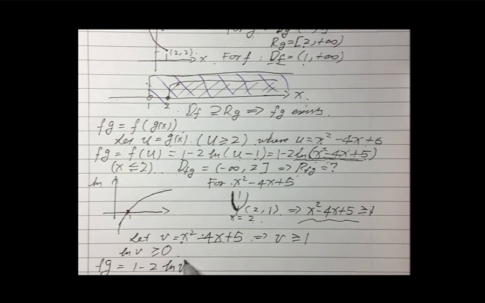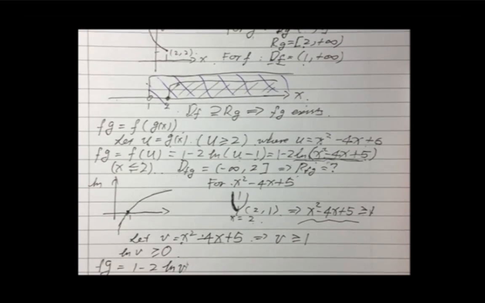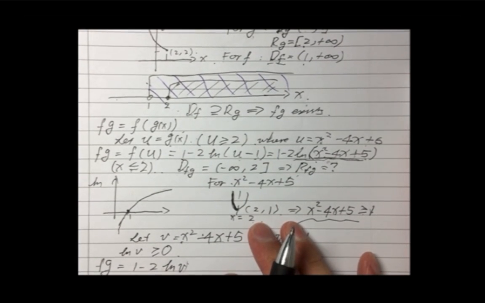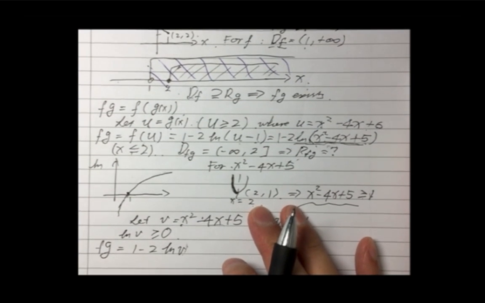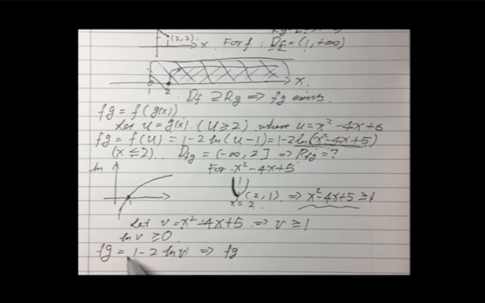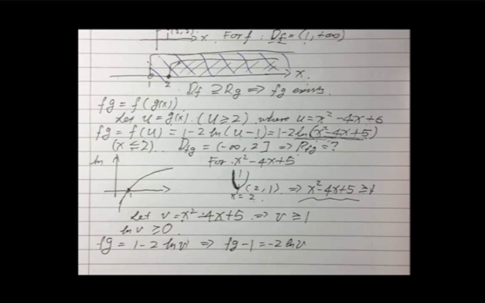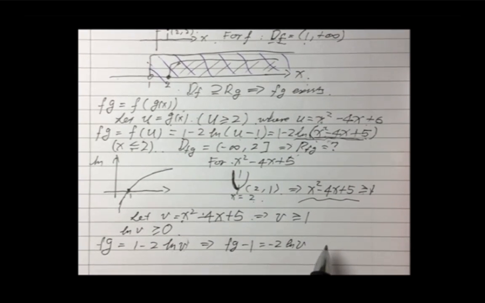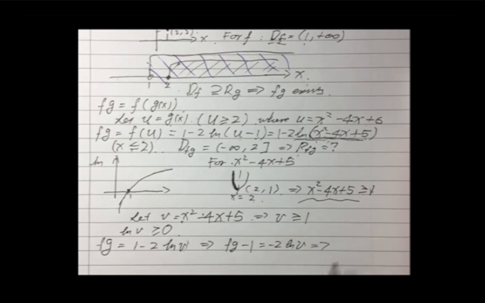Well, it's quite simple. While we get the range for this, we just need to get the whole thing out. So how to do it? Let's say this fg, we shift this 1 to the left-hand side. We remain with this, right? And we do some further simplification. I divide by -2 on both sides.